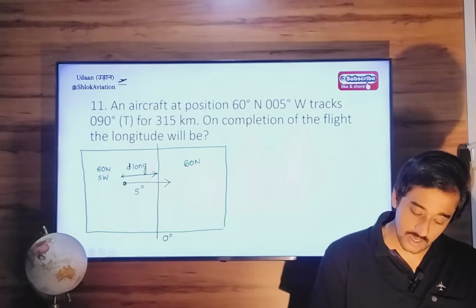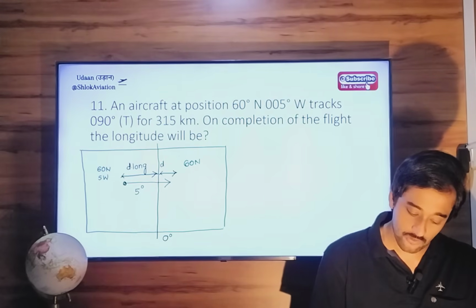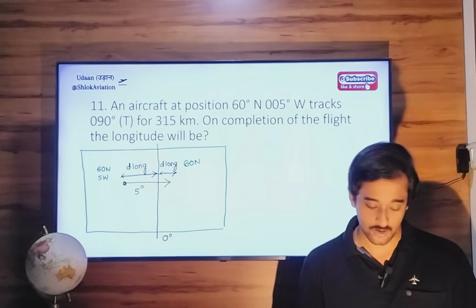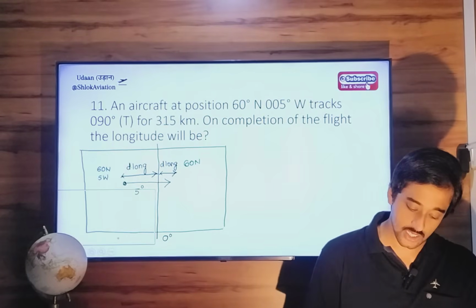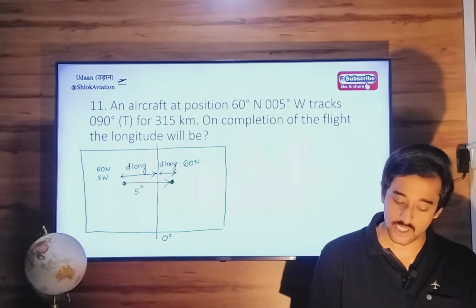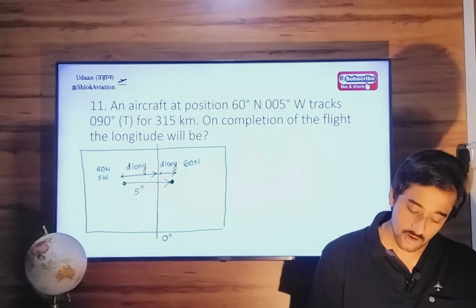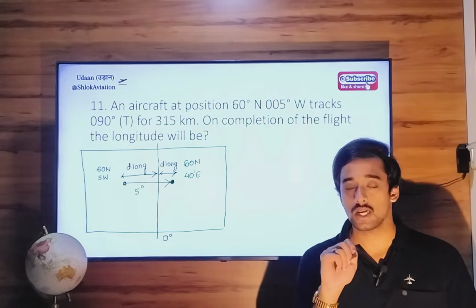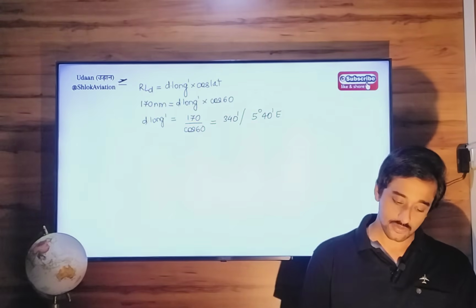That additional 40 minutes of d long will fall in the eastern hemisphere. So our destination will be in the eastern hemisphere, and the longitude will be 0 degree 40 minutes east.